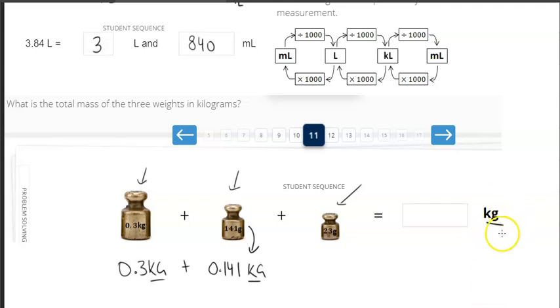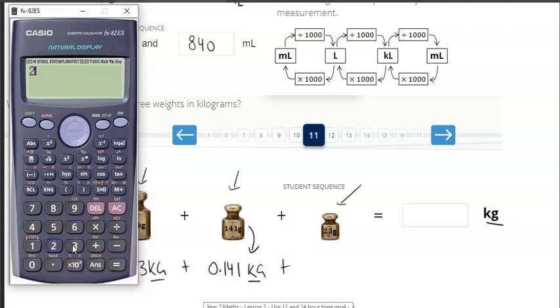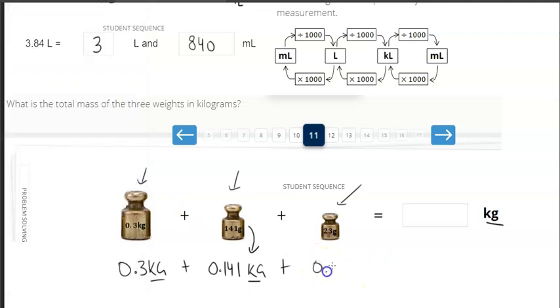If this just said how many grams there are, we would keep these two but then change this to the grams. In this case, 23 grams. So 23, change grams to kilograms, divide by 1,000, we get 0.023 kilograms.